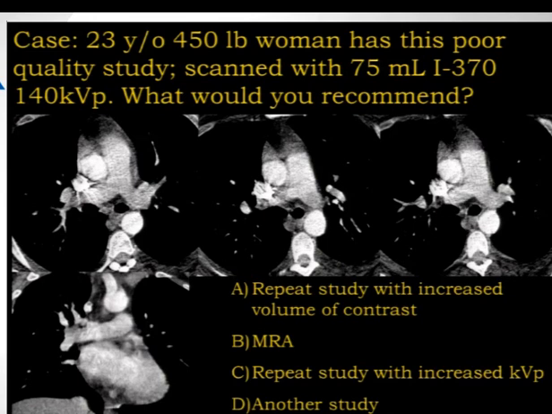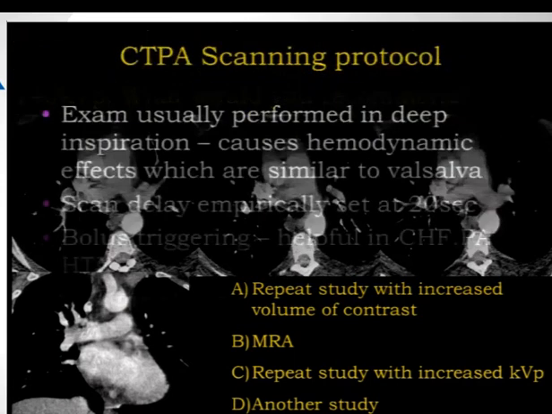She was scanned with 75 milliliters of a high iodine contrast material, and 140 kVp was used. What would you recommend next to the referring clinicians? A, either repeat the study with increased volume of contrast, an MRA, or repeat the study with increased kV, or another study. Just think about that, and at the end we'll come back and we'll get a show of hands as to what you would do.